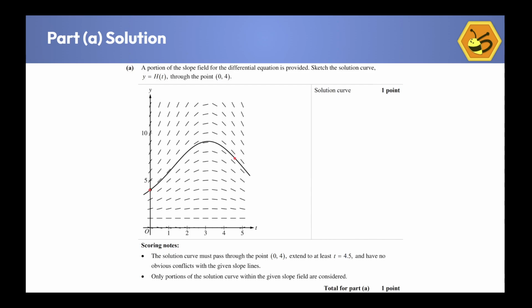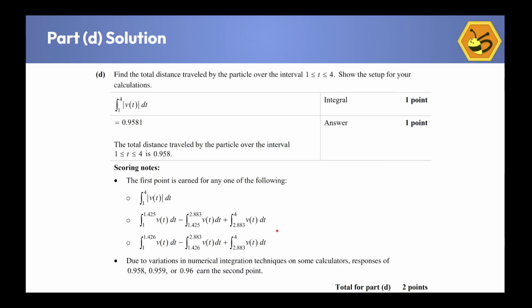So for example, you shouldn't draw below like this because you're obviously going against the slope lines. So if you follow it, you'll be fine. Just roughly follow it. This is obviously correct. And only the portion of the solution curve within the given slope field is considered. With that, let's go to part B.